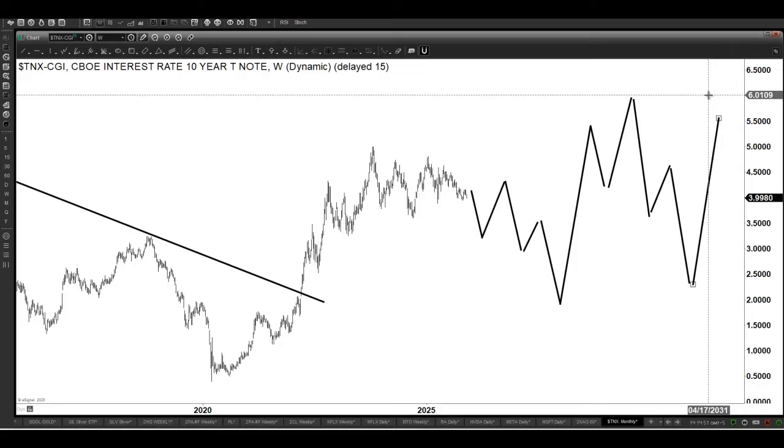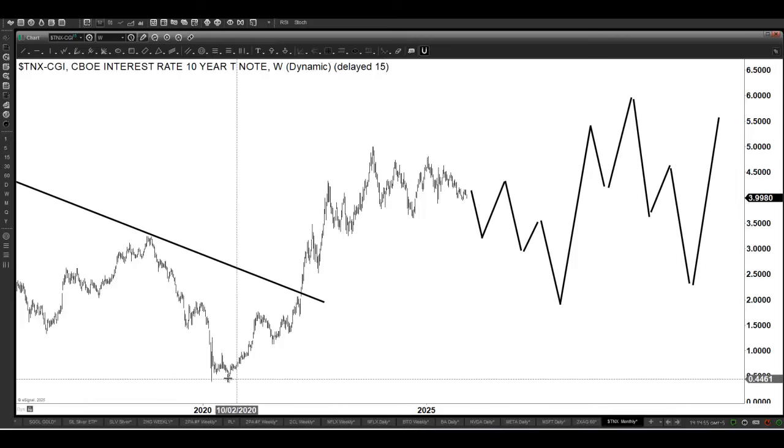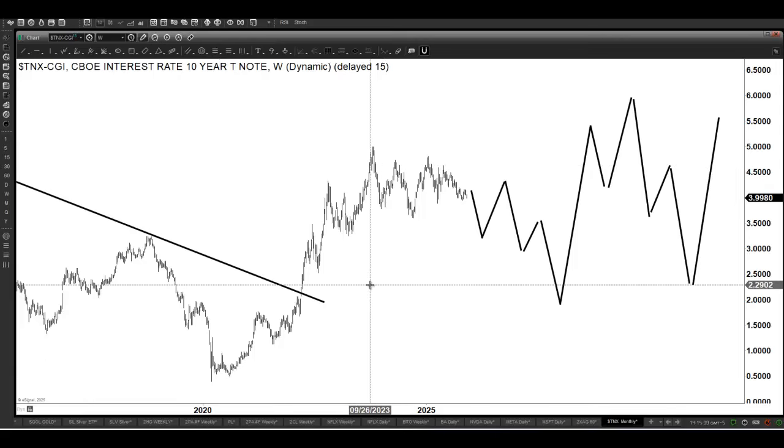Why? Because the moment that this peaks or bottoms, it means a strong yen. It means a strong yen, and a strong yen means lower indices. But we are not there yet. So we still have some good years ahead.